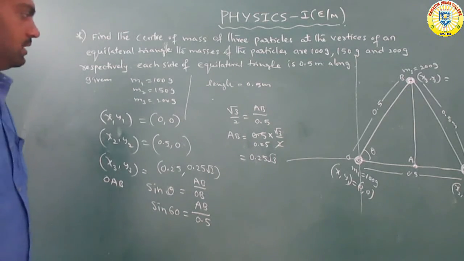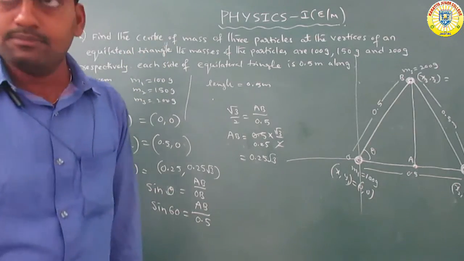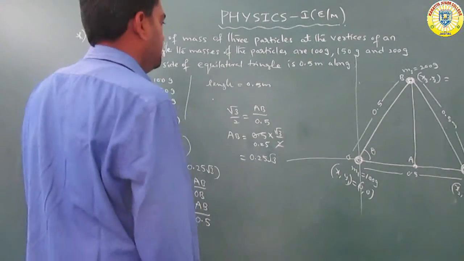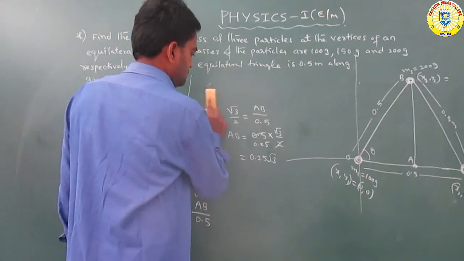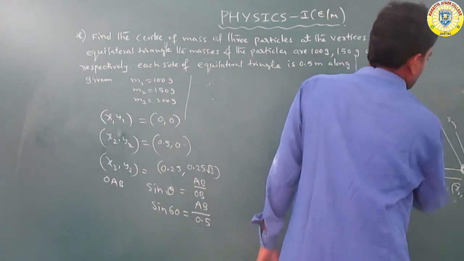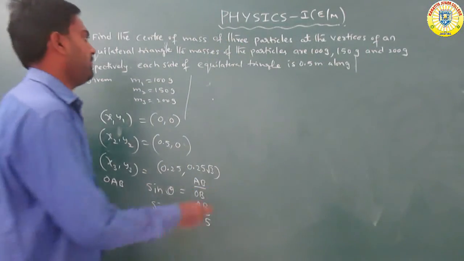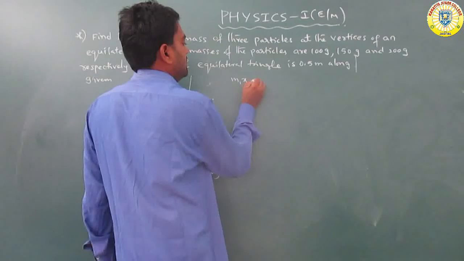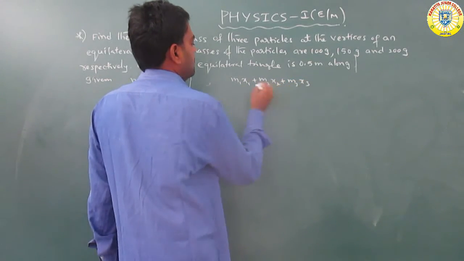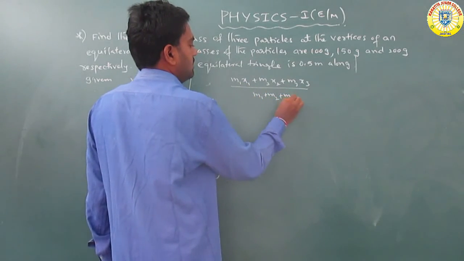Now to find the center of mass of the three particles. xcm is equal to m1 x1 plus m2 x2 plus m3 x3 by m1 plus m2 plus m3.